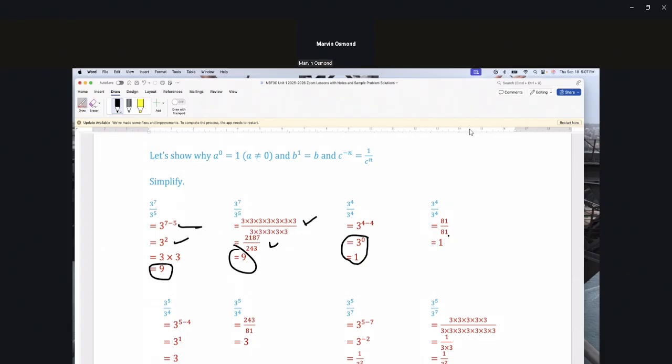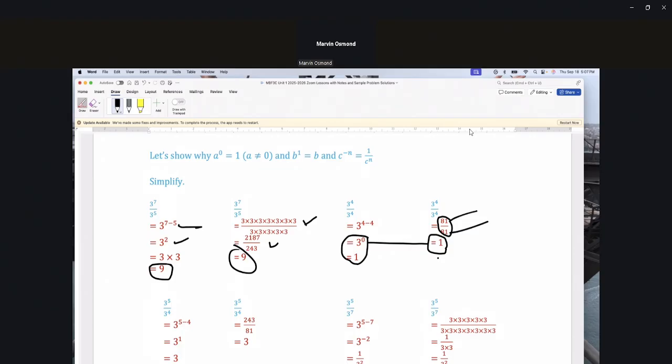Well, why? Well, 3 to the power 4 is 3 times 3 times 3 times 3, which is 81. And 3 times 3 times 3 times 3 is 81. And any number divided by itself is 1. So therefore, 3 to the power of 0 is equal to 1. That's how you can do that for any number.